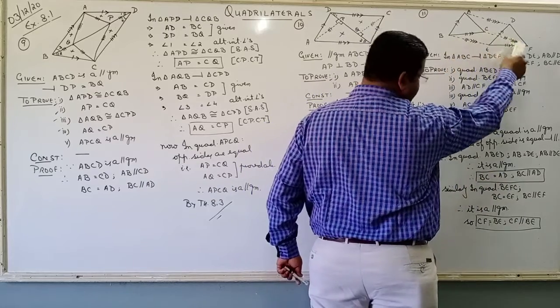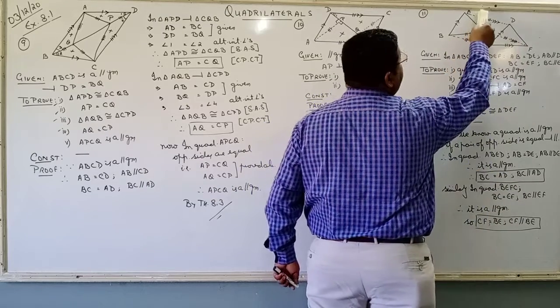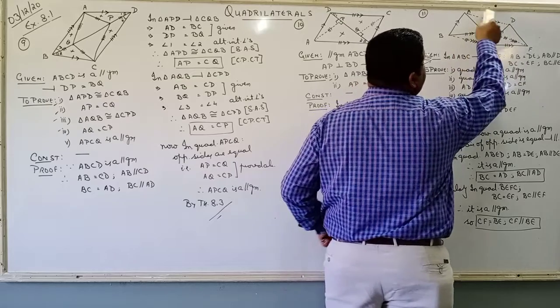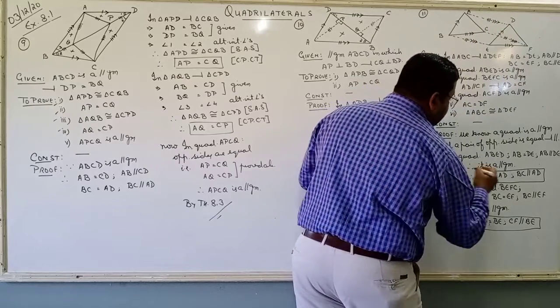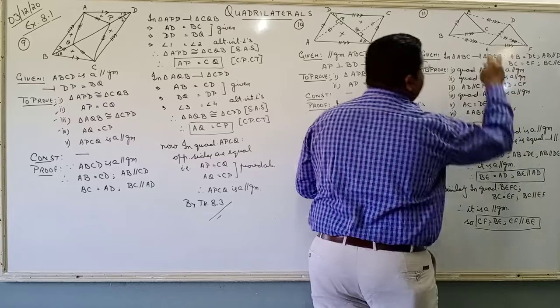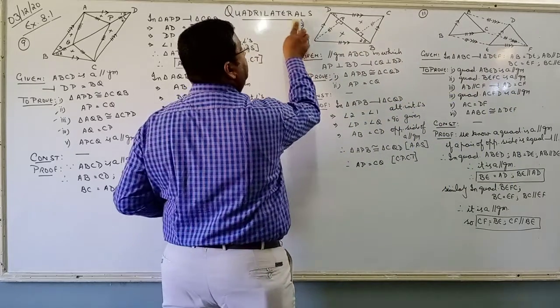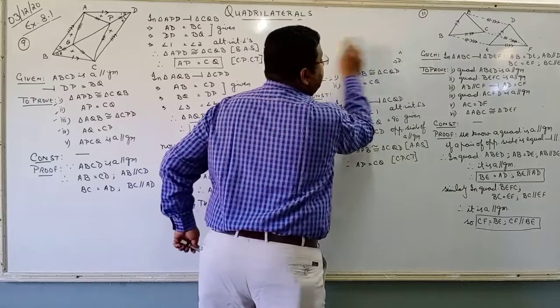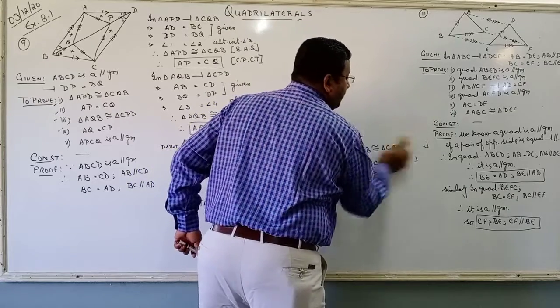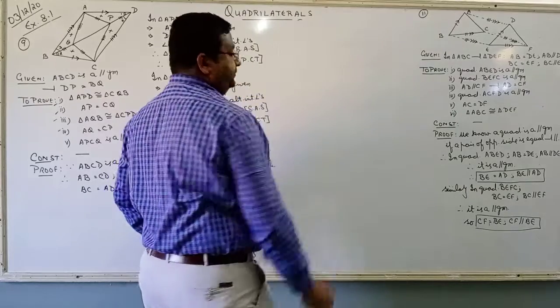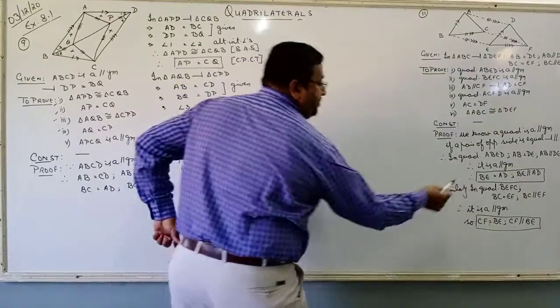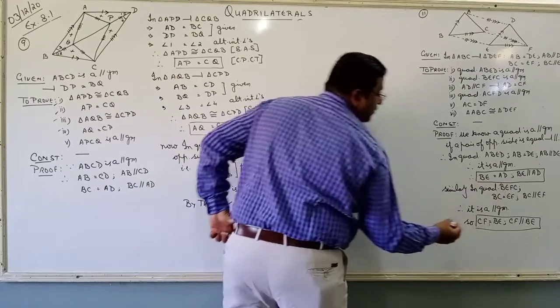BE is equal and parallel to CF, and BE is equal and parallel to AD. Right? So observe it. Can you see BE common in both of them? BE is equal to AD, CF is equal to BE.